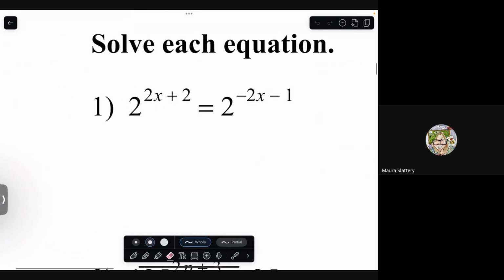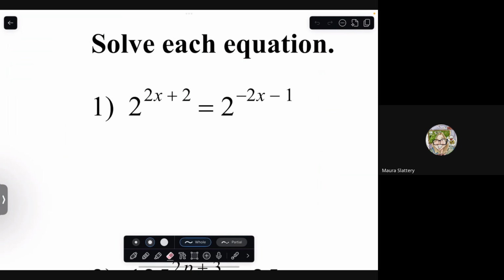Okay, so we have already gone over how to solve logarithmic equations. Now we're going to go over how to solve exponential equations. So what's an exponential equation? That's when you are raising something to the power, right? So like here you can see we've got 2 being raised to the power here.